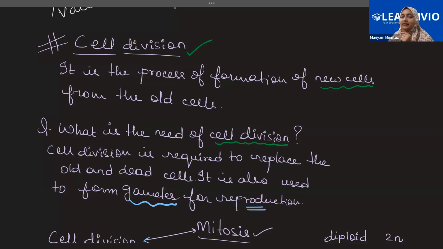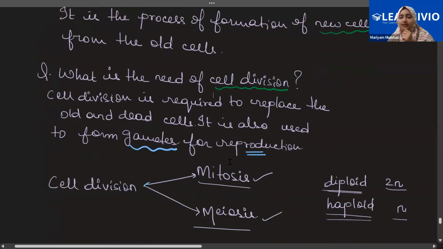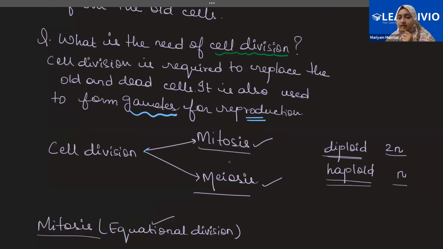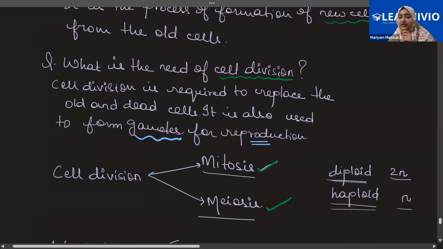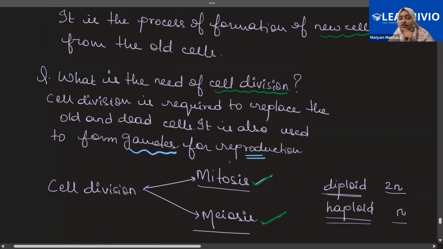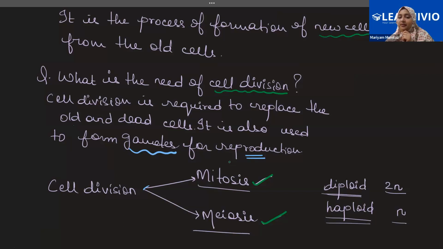Budding is also one method, but budding is not actually a cell division type. Cell division is of two types, and those two types are mitosis and meiosis. We will discuss each one of them in depth, but for now, you must understand that cell division is of two types: mitosis and meiosis.